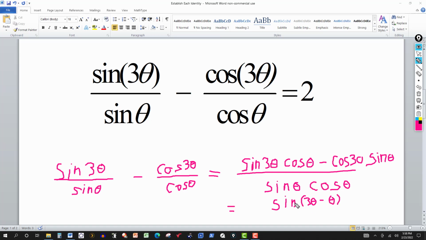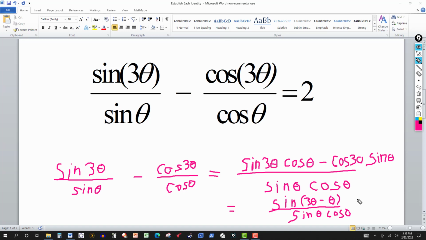If you look at this, according to the formula, it's the sine of the first angle, cosine of the first, so sine of 3 theta, cosine of theta, minus cosine of the first, sine of the second. So there you have it. And that's over sine theta cosine theta.